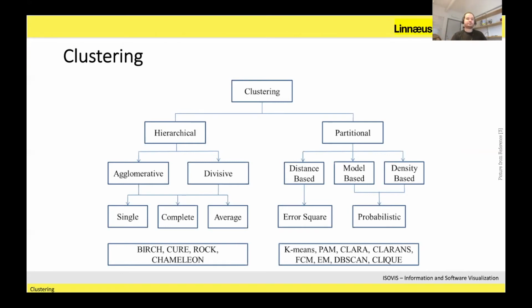Okay. And it usually has this main branching between hierarchical and partitional clustering algorithms. Anyway, I'm just showing this as an example of how many techniques are out there, but of course I'm not going to focus on this.